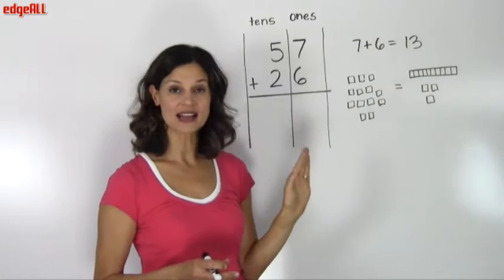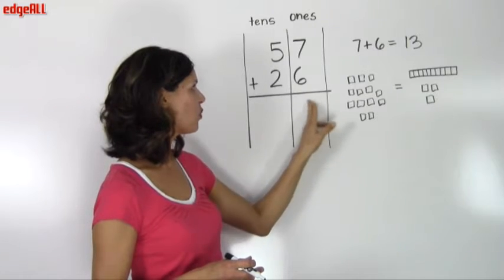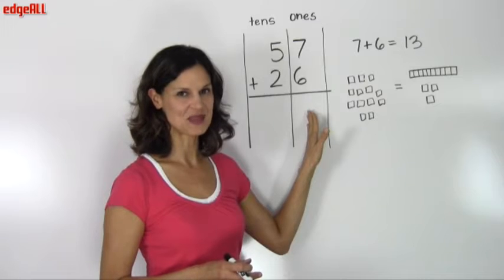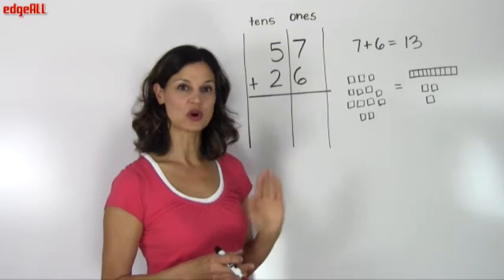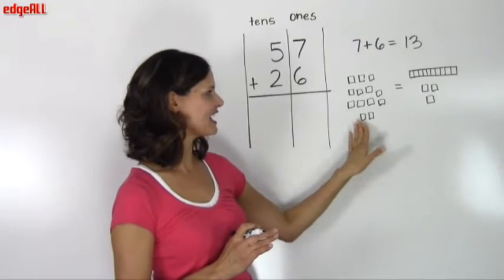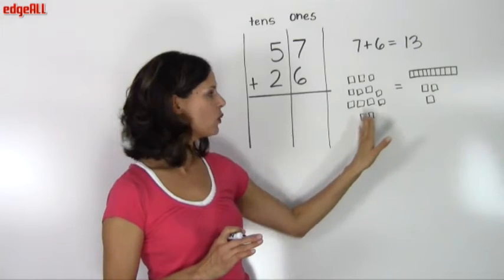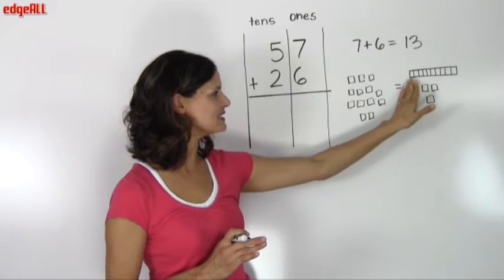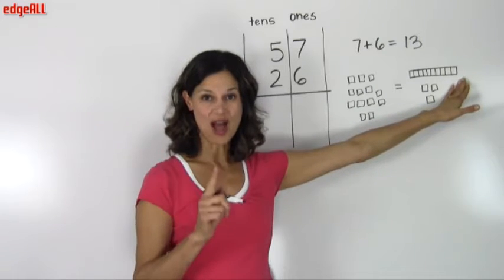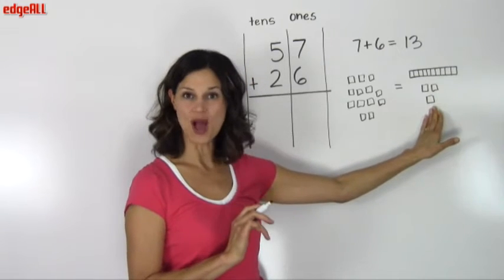And we've already talked about the fact that there's not enough space here in our ones place answer to write the number 13. So what we are going to do is regroup the 13. Instead of thinking of it as 13 individual squares, we are going to regroup it as one group of 10, or 1 ten, and 3 ones.